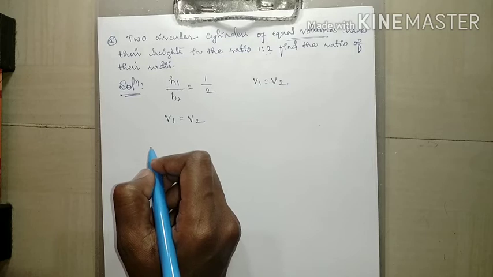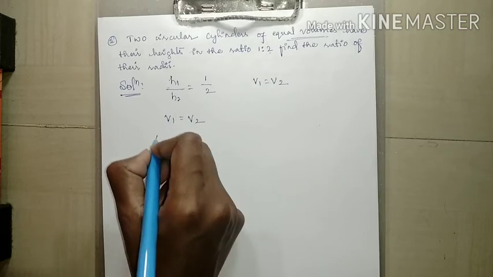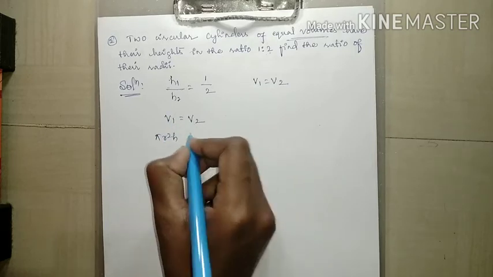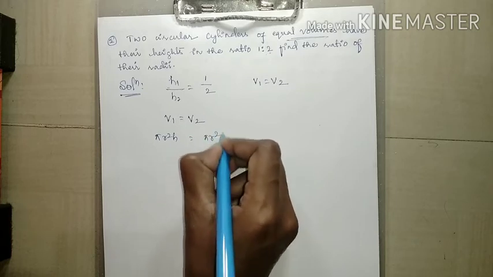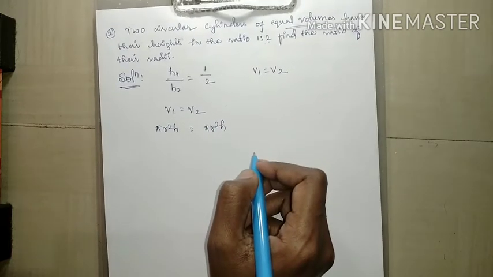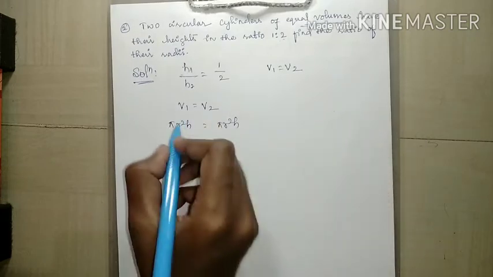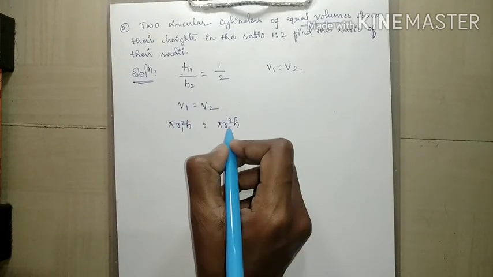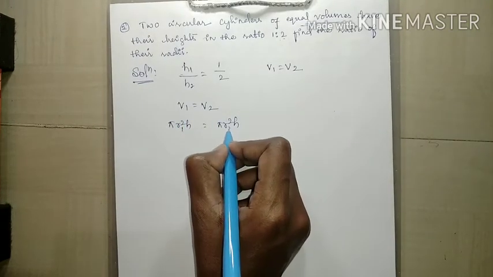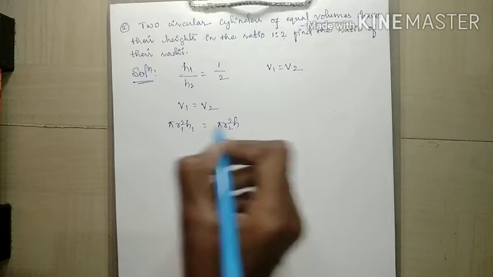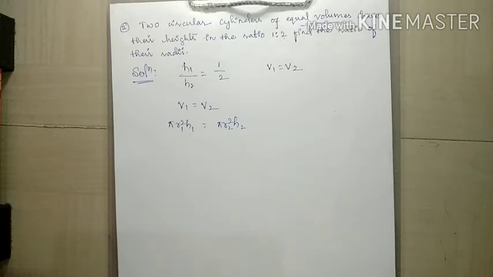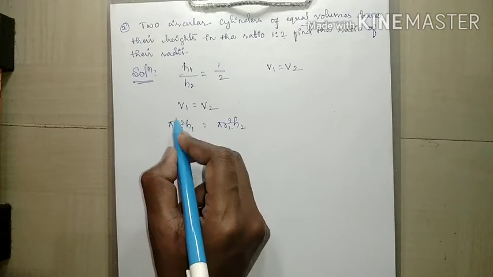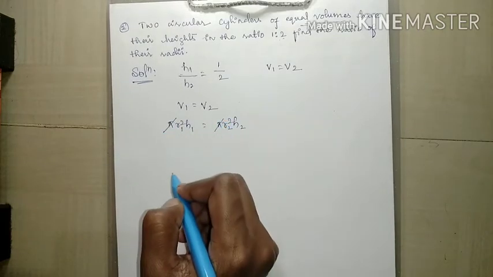So volume of a cylinder is pi r square h. Let me take the radius of the first cylinder as R1 and the radius of the second cylinder as R2. Similarly H1 and H2. So now pi and pi will get cancelled.